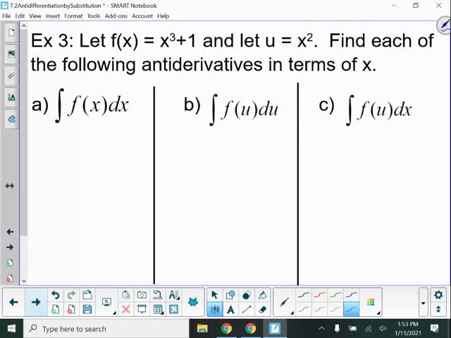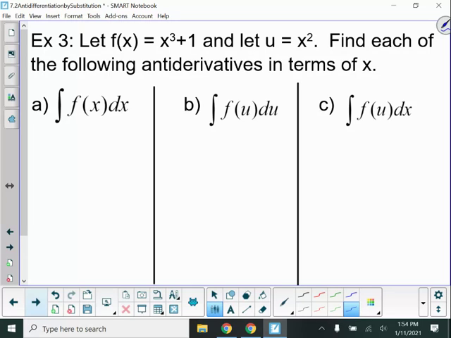So this is example 3. It tells us that f of x is x cubed plus 1, and u is equal to x squared. And at first glance, all 3 of these integrals look the same. But if you look closer, part A is f of x dx, so that's the antiderivative with respect to x.